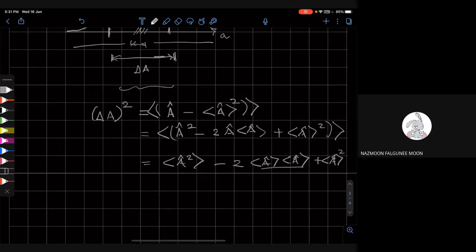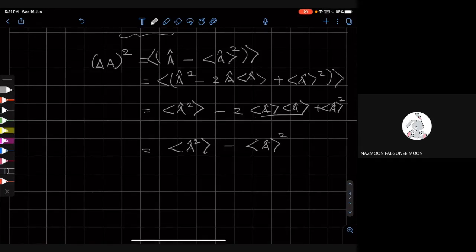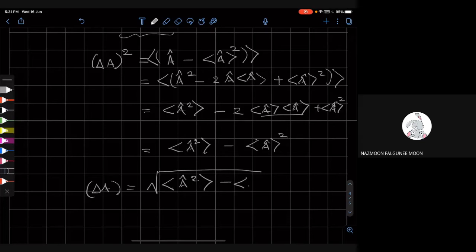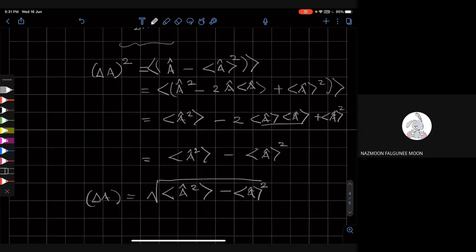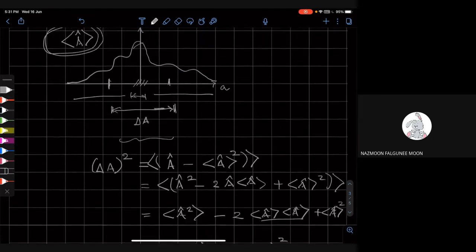But this is just the average of A, squared, so I can write this as the average of A squared minus the average of A, squared. So in other words, the standard deviation is the square root of the average of A squared minus the average of A, then squared. Okay, so this is basically the standard deviation.